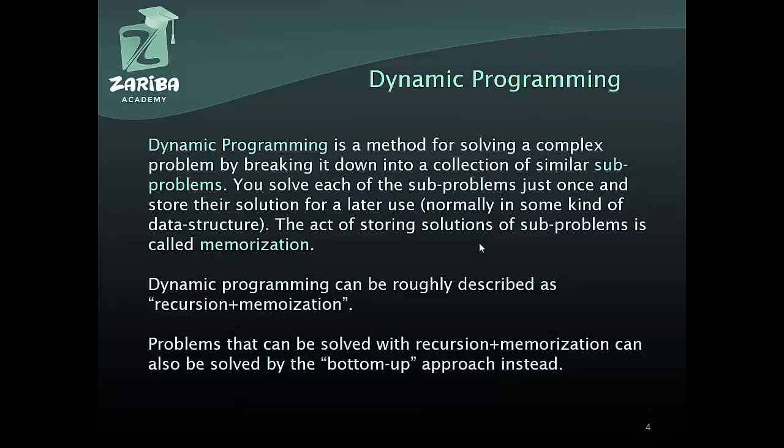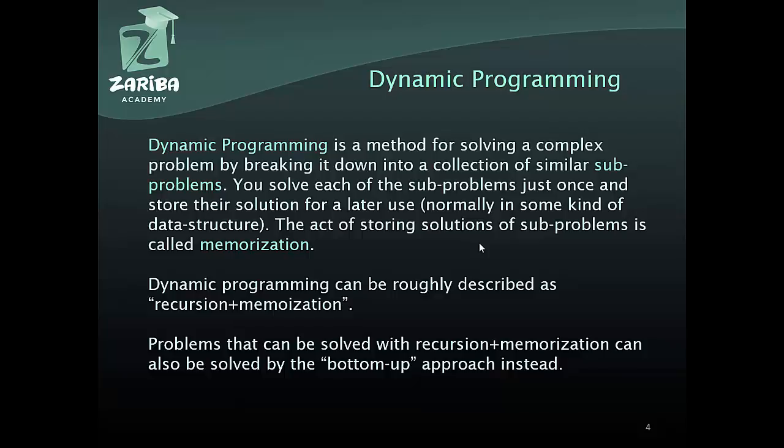So dynamic programming is a method for solving a complex problem by breaking it down into a collection of similar sub-problems. So this is something that we haven't seen so far, but if you follow an algorithm of steps, where you start with a problem that is done with recursion, and then you come up with some clever memoization method.